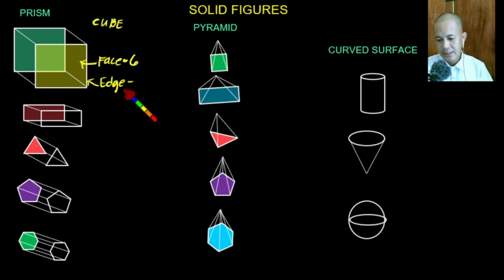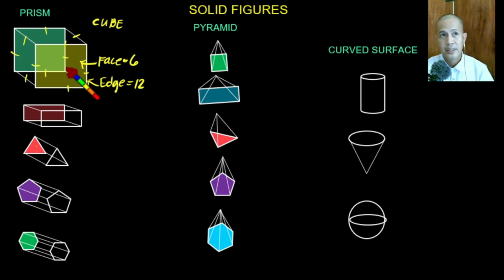So the line segment, when two faces meet, is called the edge of a solid figure. So in our given example in cube, there are 12 edges. So we're going to count 1, 2, 3, 4, 5, 6, 7, 8, 9, 10, 11, and 12.